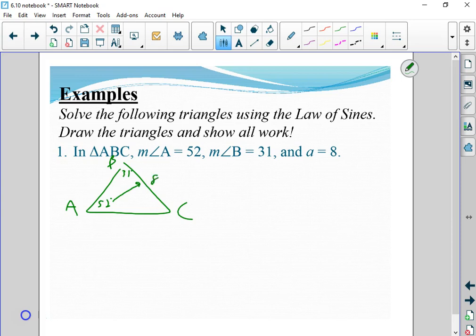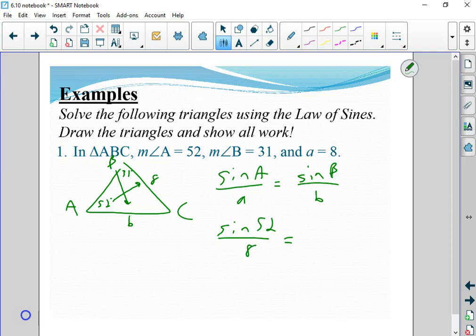And we're obviously trying to find side B, because we have angle B. So again, sine of A over side A equals sine of B over side B. So now we just fill in our numbers. Sine of 52 over 8 equals sine of 31 over B.